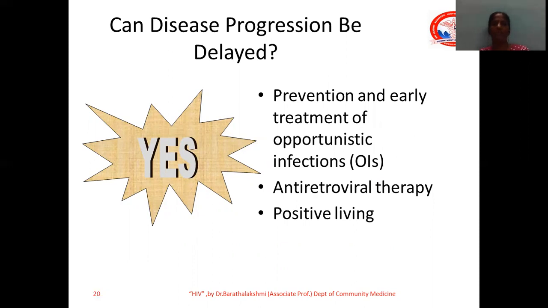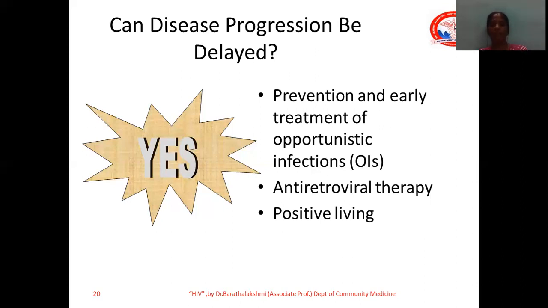Over these 5 decades, we have a number of drugs for managing HIV infection. More than 20 drugs are available, and they fall into 5 or 6 categories: non-nucleoside reverse transcriptase inhibitors, nucleoside reverse transcriptase inhibitors, protease inhibitors, integrase inhibitors, and so on.